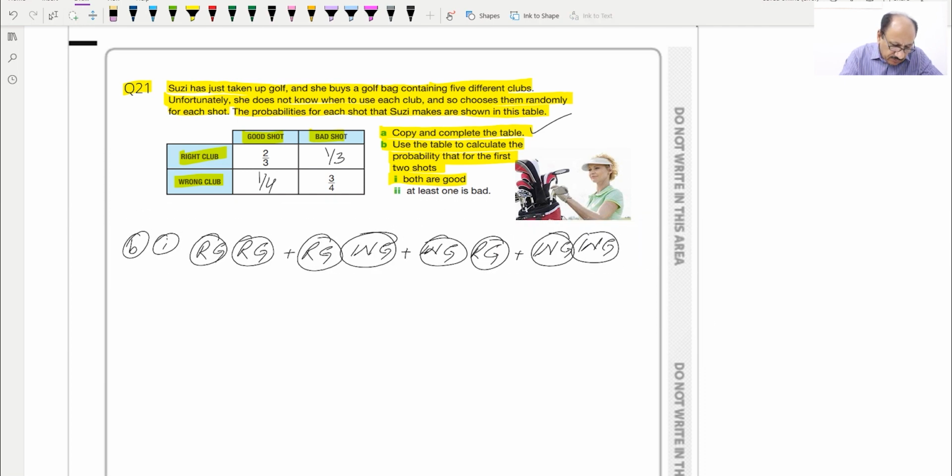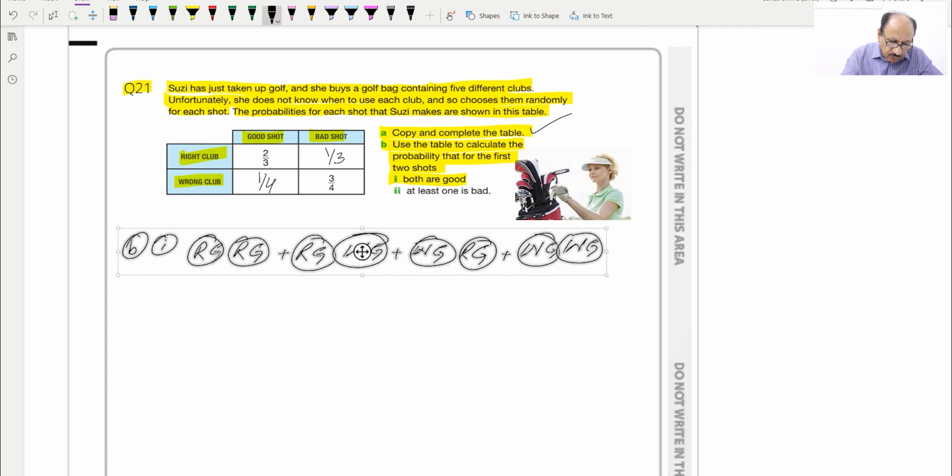We will be writing probabilities for these 4 and then we will be adding them. So for right good is what? There is only 1 out of 5 clubs. So there are 5 clubs, 1, 2, 3, 4 and 5 clubs.